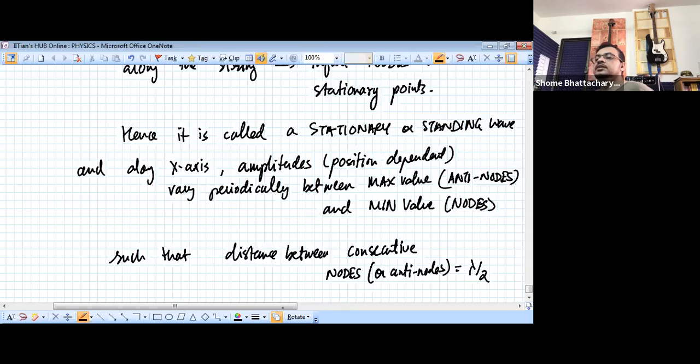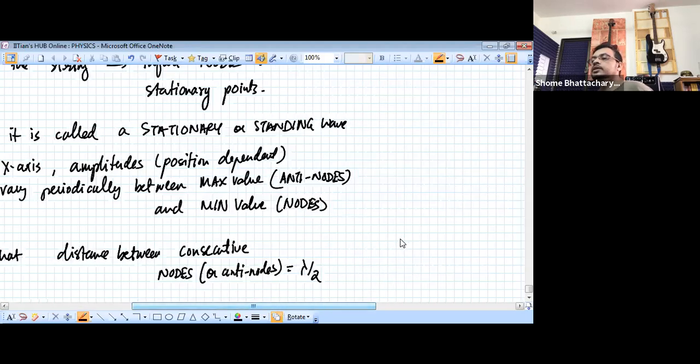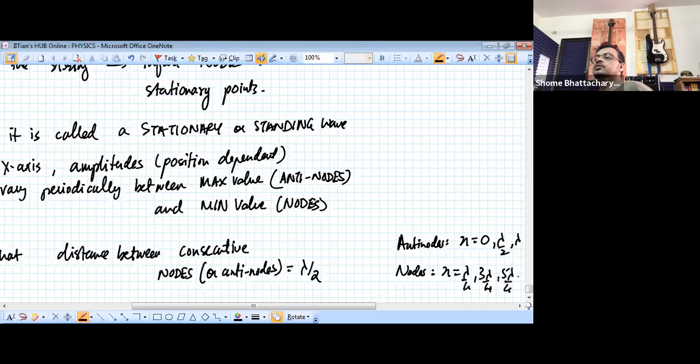This you can understand from that series, because we saw that the antinodes were at x equal to 0, lambda by 2, lambda, and so on. Whereas the nodes were at x equal to lambda by 4, 3 lambda by 4, 5 lambda by 4, and so on. So the distance between consecutive nodes, like the first node and the second node, or the second and the third, is lambda by 2.